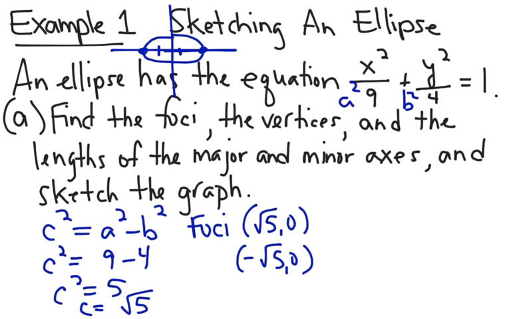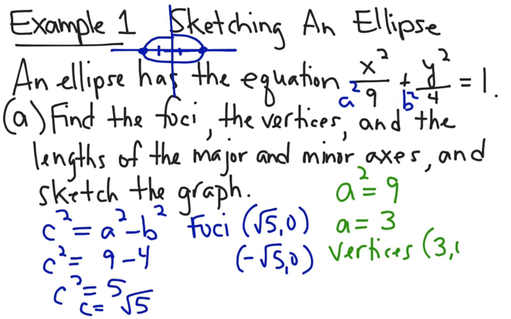So for an ellipse elongated horizontally, they are at a, 0 and negative a, 0. What's a? Well, since a squared is 9, a must be 3. So the vertices must be at 3, 0 and negative 3, 0.